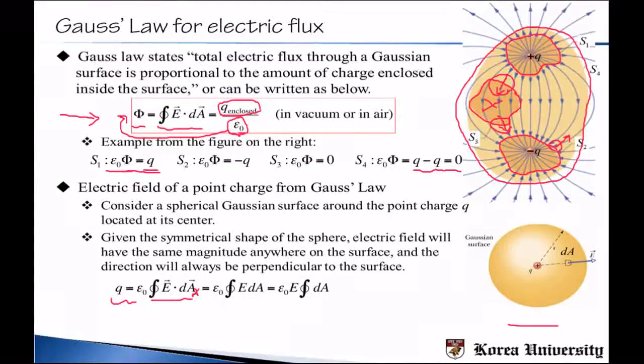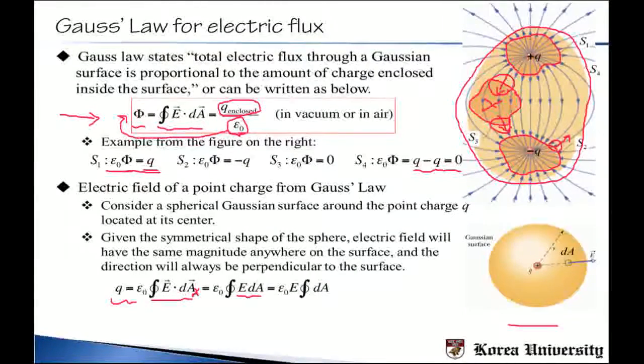Remember what I said: on any part of the area, the electric field will be exactly going out, which means the electric field will be parallel to the area vector. So we don't even have to use the vector form, since the dot product will always become 1. We can rewrite that simply as the scalar product between E and dA.